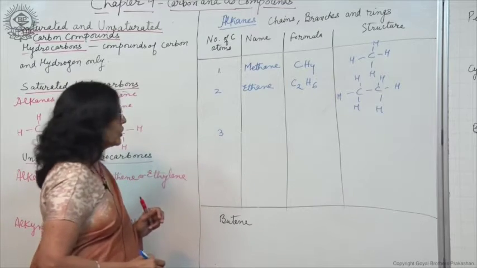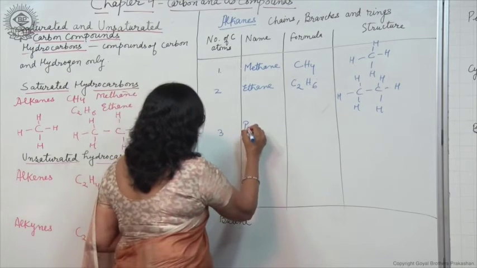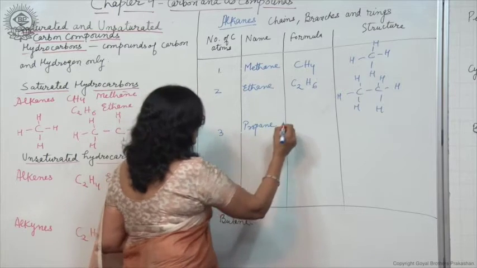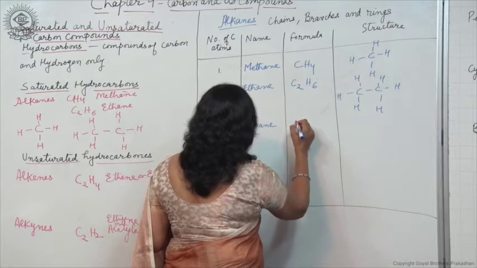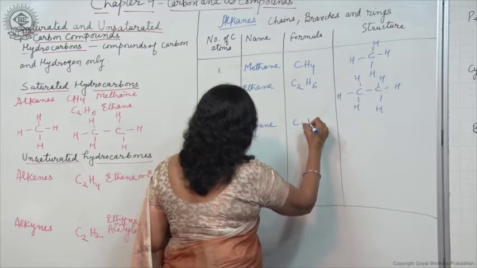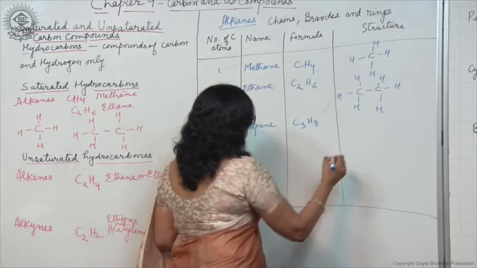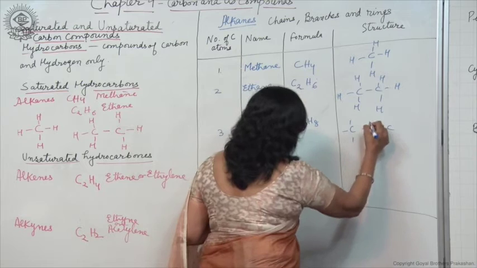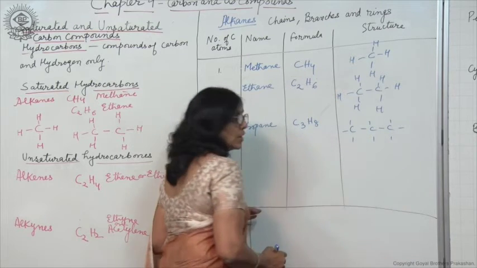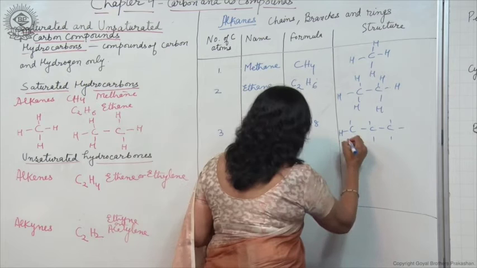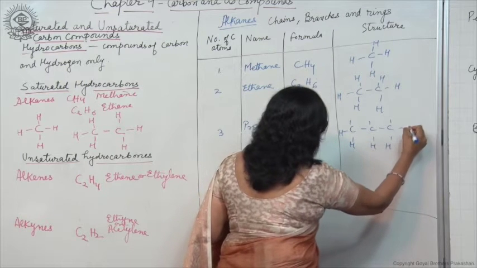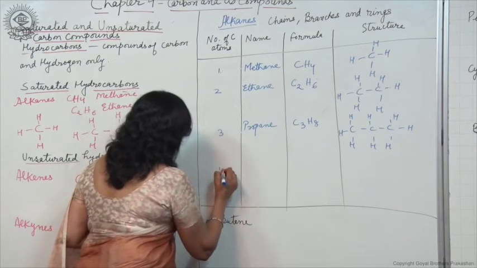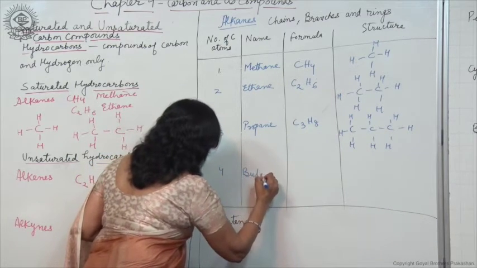Number of carbon atoms is 3, then it is propane. Write the structural formula: 3 carbon atoms, lines to show the 4 valencies of each carbon, and then writing of hydrogen atoms. Let us write one more, butane.